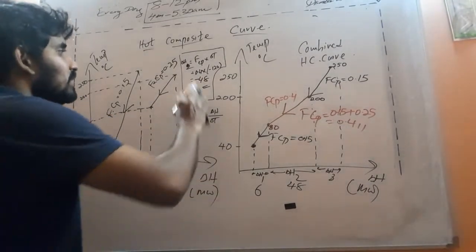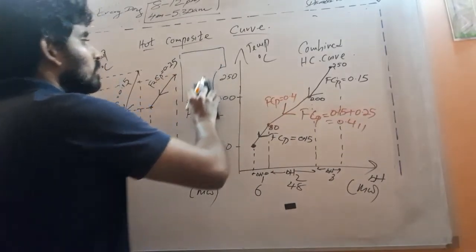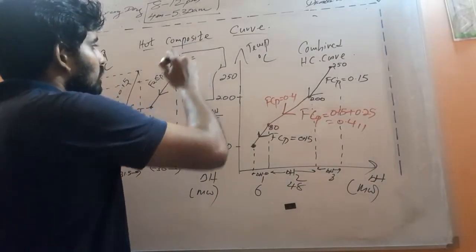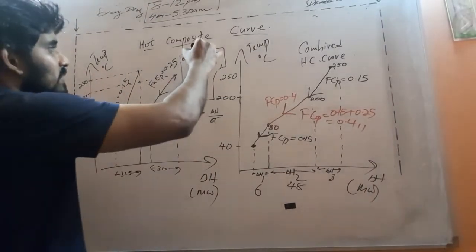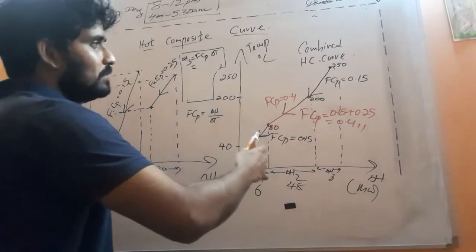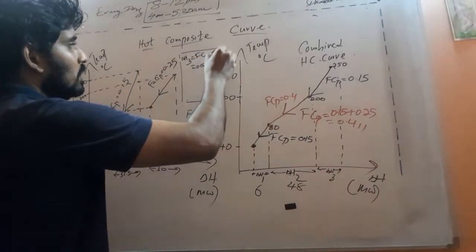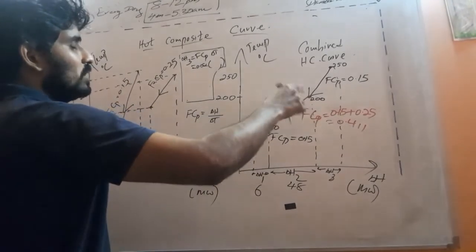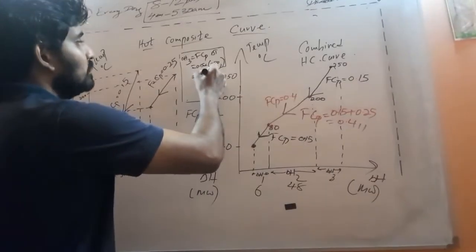So now delta H3. What is delta H3? That is FCP multiplied by temperature difference, delta T. What is FCP for delta H3? 0.15, and temperature difference, that is target minus supply, 50 minus 200, minus 150, so it is minus 22.5.